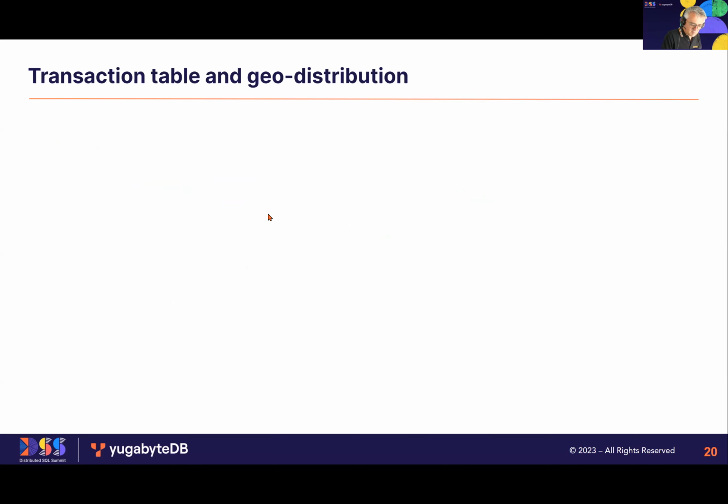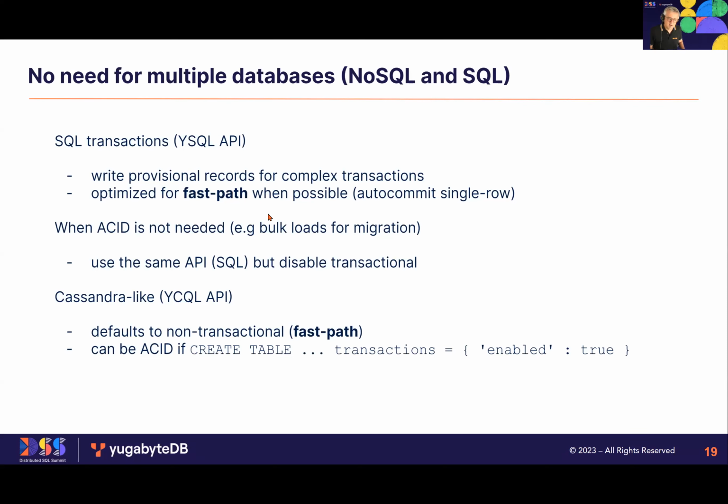So to summarize, we have two APIs to make it easy to migrate from Cassandra or from a SQL database. And in those two APIs, you have the possibility of acid or not. And if it is acid, there are some optimizations to run the fast path if it is possible, so you don't have to think really about it.